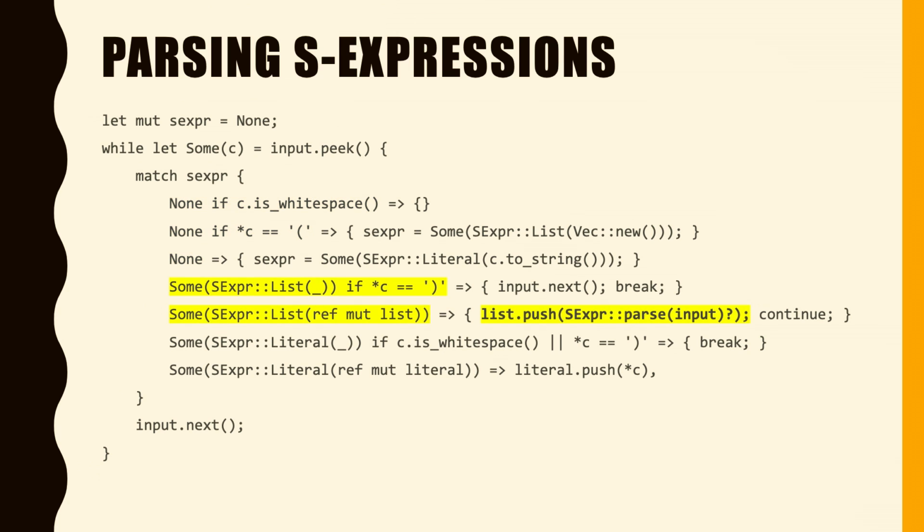Then there are the two cases that handle list building. The key is that we can recurse whenever we need to create a new nested S expression. In that way, we can keep our local state very simple and only need to manipulate state locally. Finally, there are two cases for handling literals.